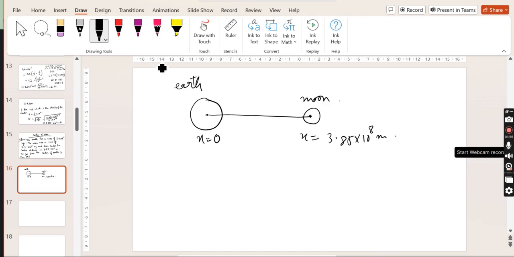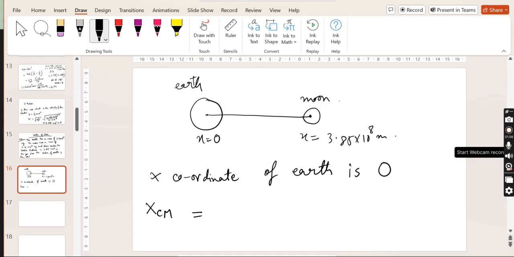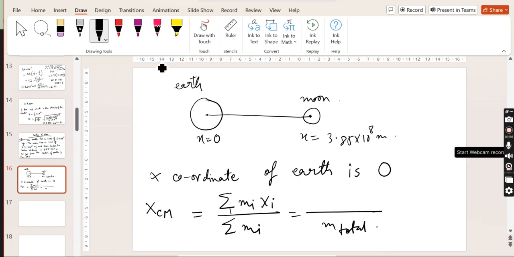Okay, so x center of mass is equal to the sum of mi xi divided by m total, basically, and this is m earth into x earth plus m moon into x moon.